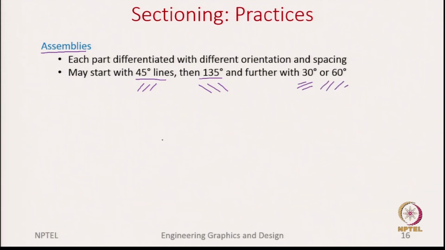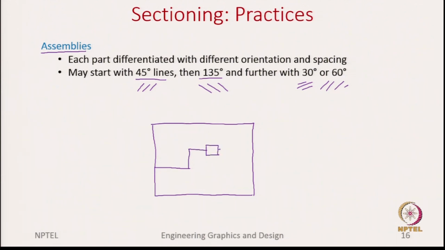Okay. Let us look at an example. Let us say after a section I see 4 different pieces in it. Essentially, let us say this is component 1, component 2, this is component 3, and this little box is the component 4.